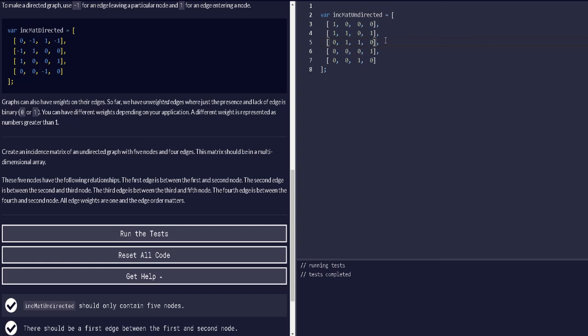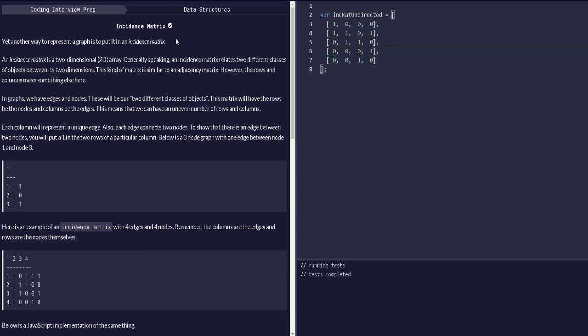It doesn't work out that way, unfortunately. It basically has to be a clean relationship between each node. All right, so that's it for our adjacency, incidence matrix. Okay.